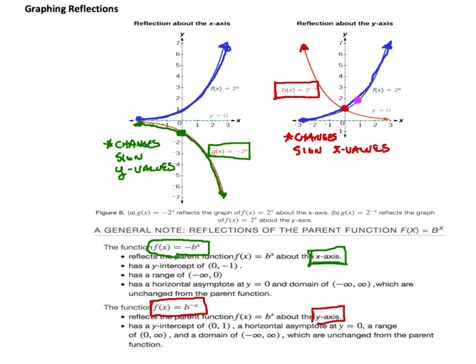I was like, that doesn't make sense. Okay, let me start over on this one. We have the point 1, 2 that shows up on our parent function. And then on our transformed function, we have the point -1, 2. So it changes the sign of the x values when you do that reflecting over the y-axis.